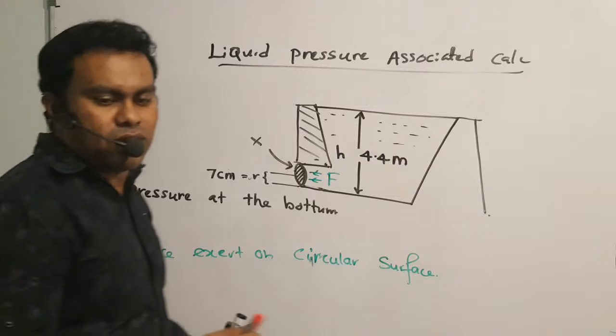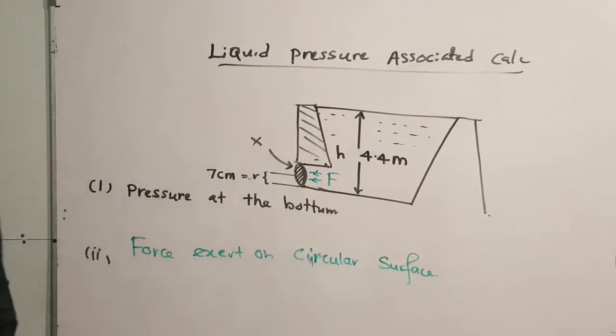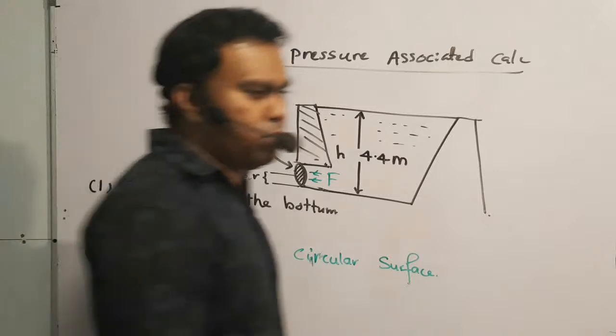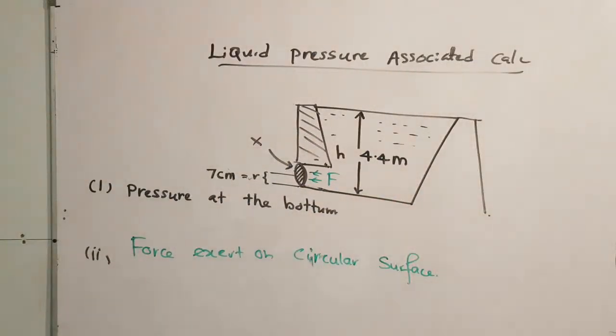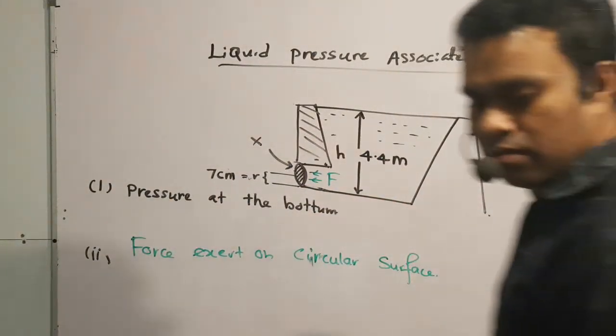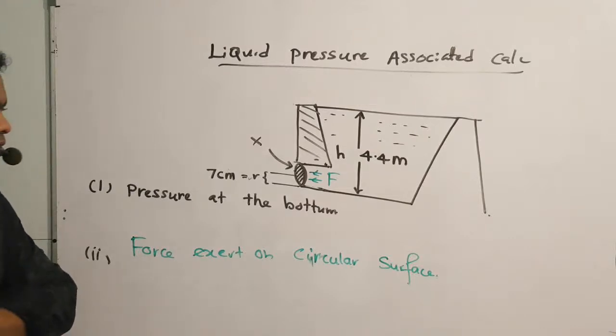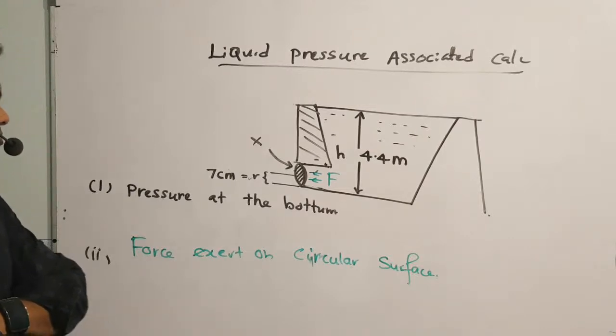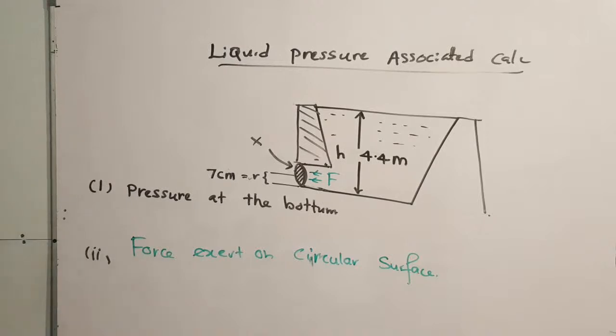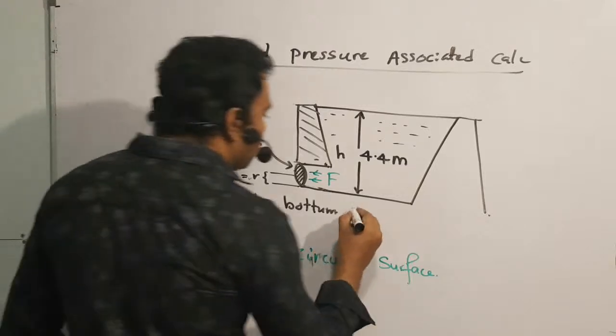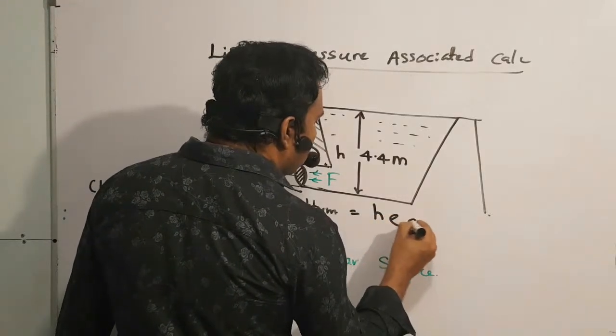Okay, let's start the calculation. This could very likely be an MCQ. Pressure at the bottom is h rho g.